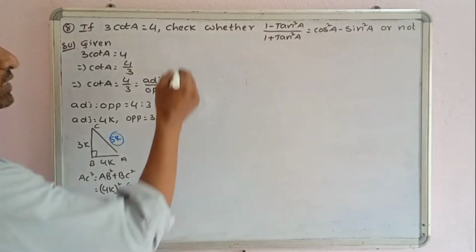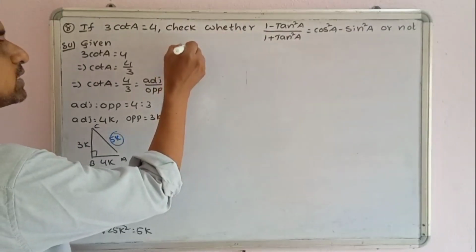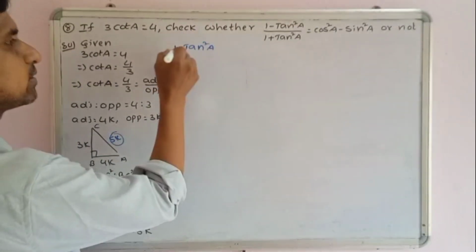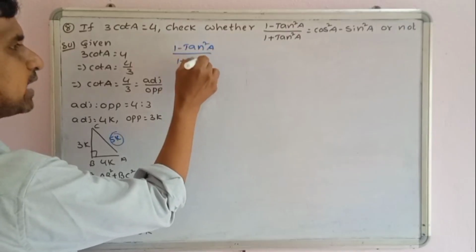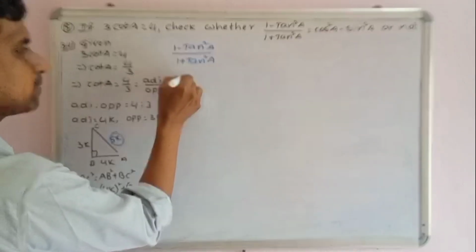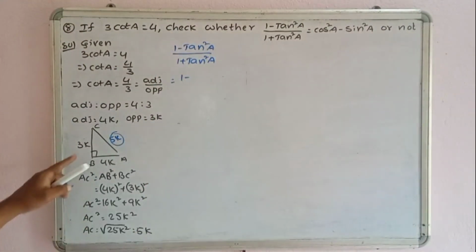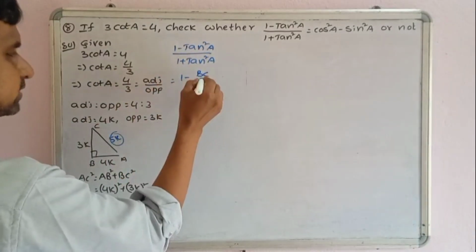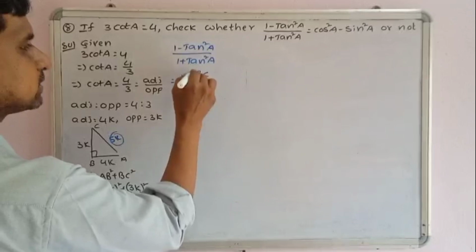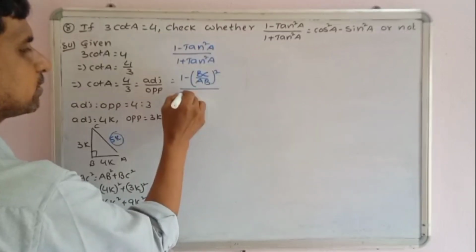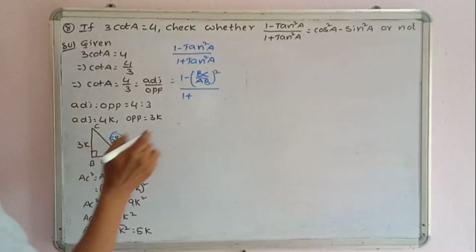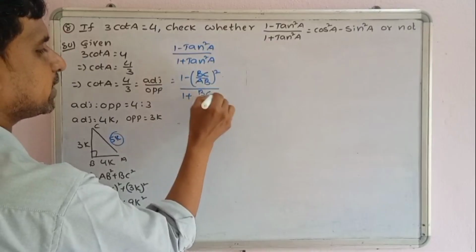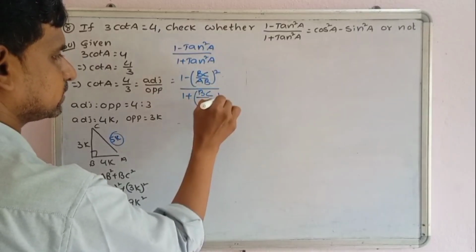So LHS. What is LHS here? 1 minus tan square A by 1 plus tan square A. Tan A definition is side opposite to A by side adjacent to A. Side opposite to A is BC, side adjacent to A is AB, so (BC by AB) whole square, by 1 plus (BC by AB) whole square.